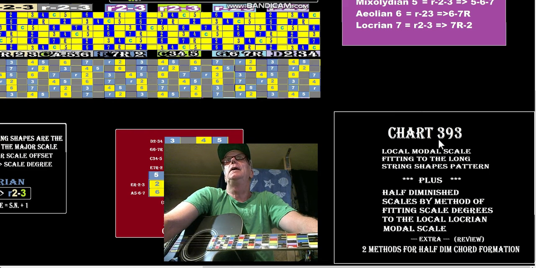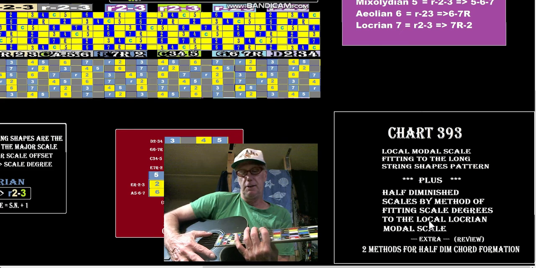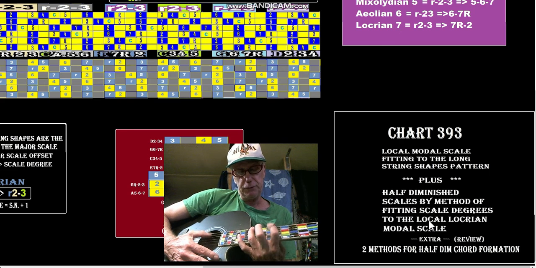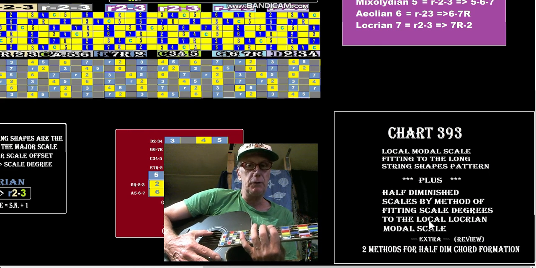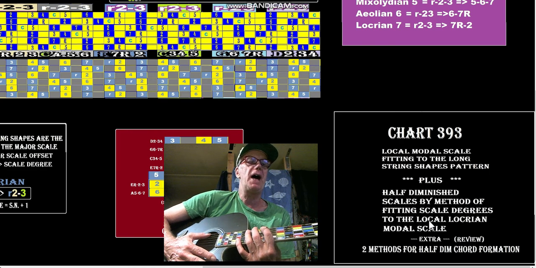Okay, so 393, local modal scale fitting to the long string shape patterns plus half diminished scales by method of fitting scale degrees to the local. That means instead of root 2, 3, 4, 5, we're going to go root 2, 3, 4, 5, 6. Now we're going to subtract 1 to get the pattern.